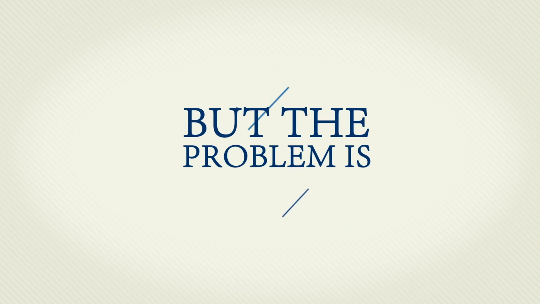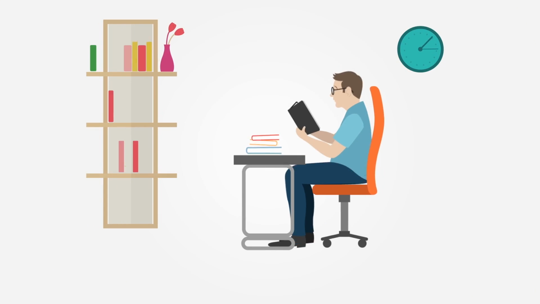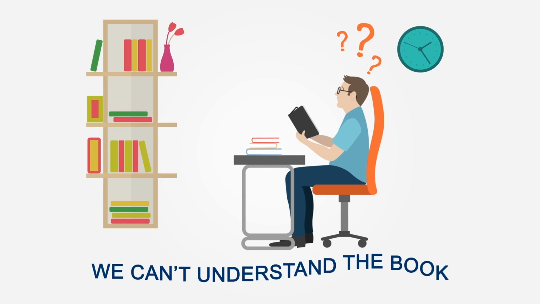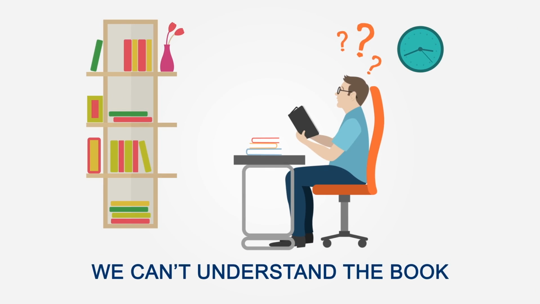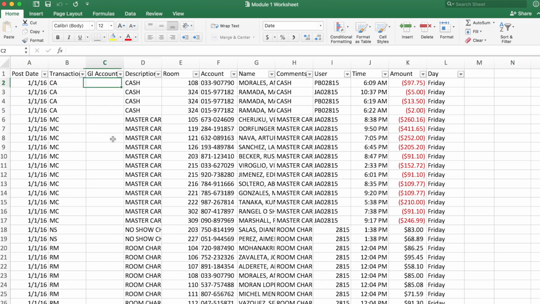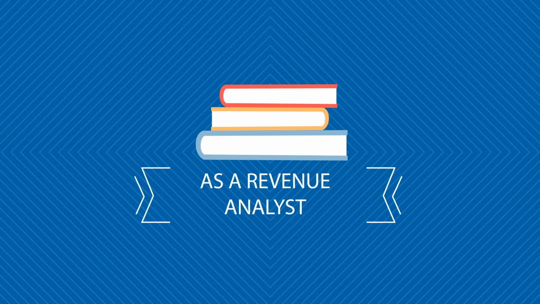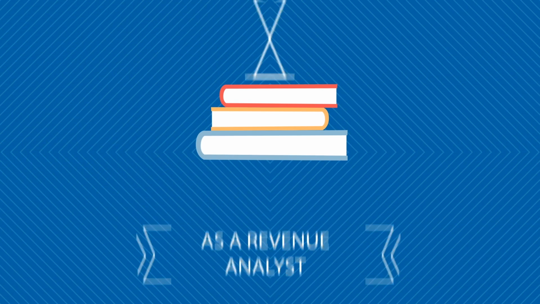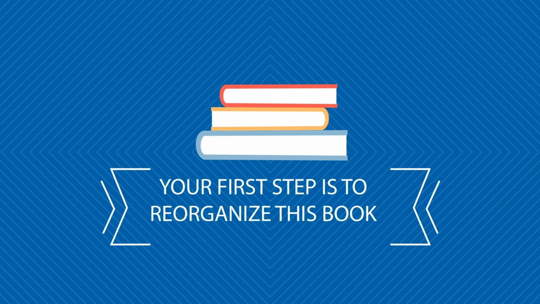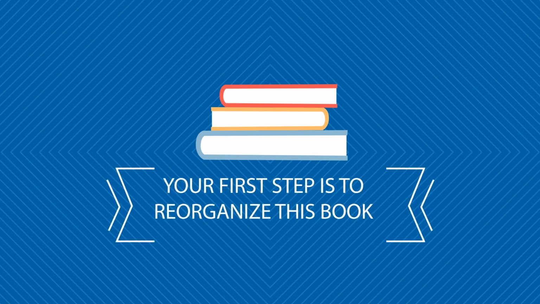Now, the problem is all the words and all of the sentences in this book are scrambled, right? When you look at this data and you read it from left to right, it's just like scrambled code. And so as a revenue analyst, our first step in this journey towards helping this hotel make better decisions is to reorganize this book in a way where we can actually understand it.